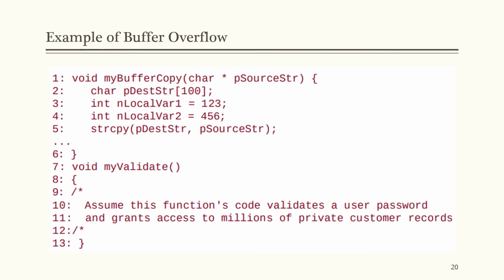Worse, however, if the source string is long enough, it could also overwrite the return address of the function MyBufferCopy and the contents of the executable code in the function MyValidate. In the example of MyValidate, a competent hacker could enter a super long password and override the intended password validation performed in MyValidate, possibly gaining access to the system.